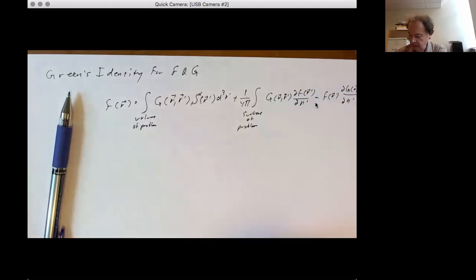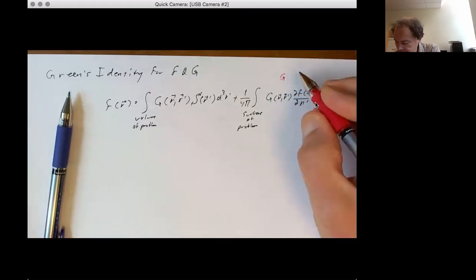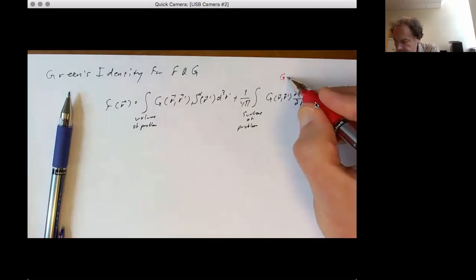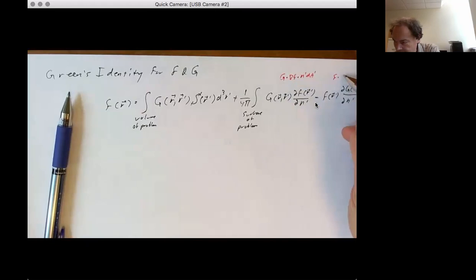And so if you want to think about this, this is G dot gradient of F dot n prime dA prime. And this here is F dot gradient of G dot n prime dA prime.